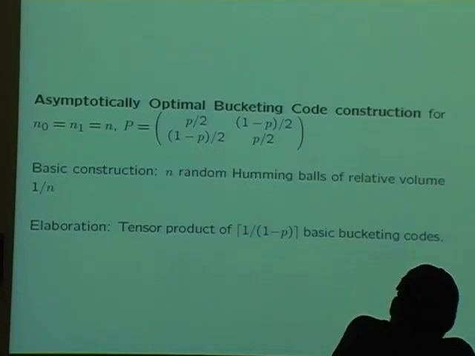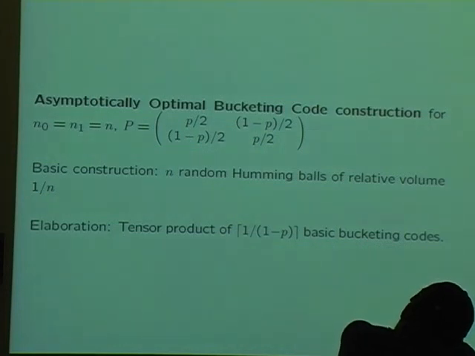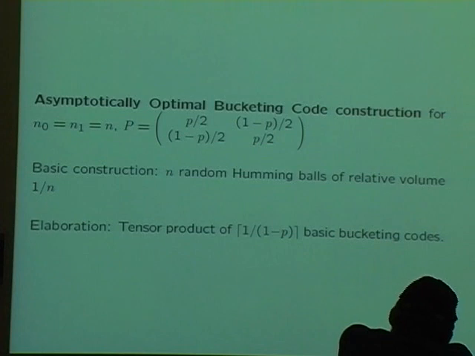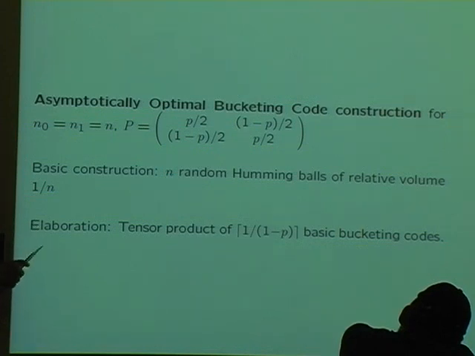How are these things done? So the construction, for instance in this case, as I said, is just done by random buckets. We are choosing random points, drawing a Hamming ball around them that contains about 1/n of the data.